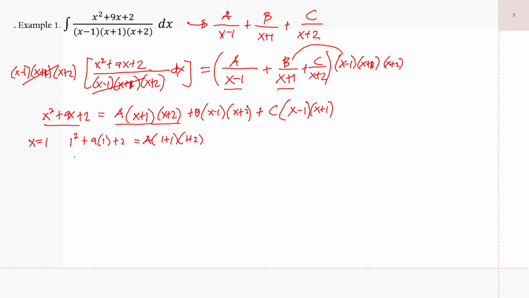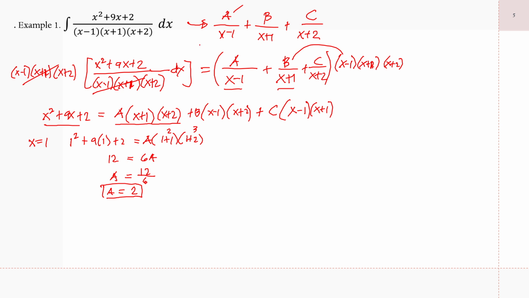So 1 plus 9 plus 2, that is 12, is equal to A times 2 times 3, so 6A. So A is equal to 12 over 6, A is equal to 2.